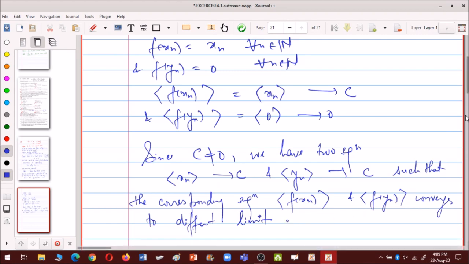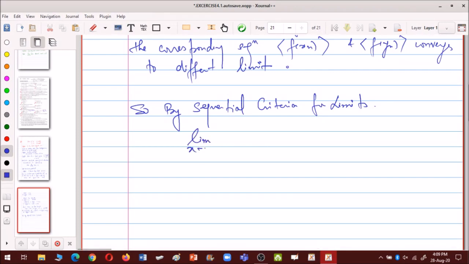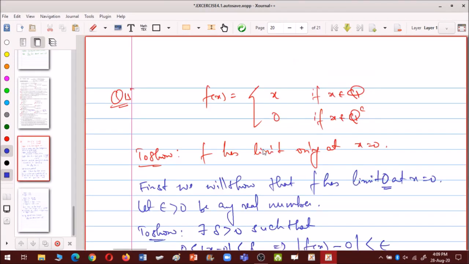So by the sequential criterion for limits, limit x tends to C, f(x) does not exist in R. So this is how you prove that the Dirichlet function, x at rationals and 0 at irrationals, will have limit only at x equal to 0.